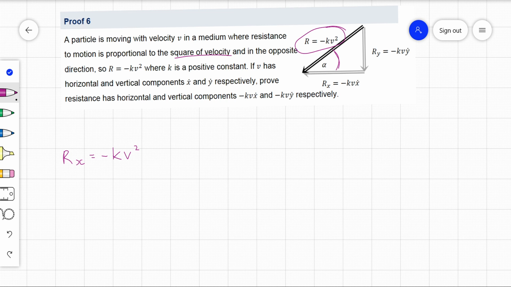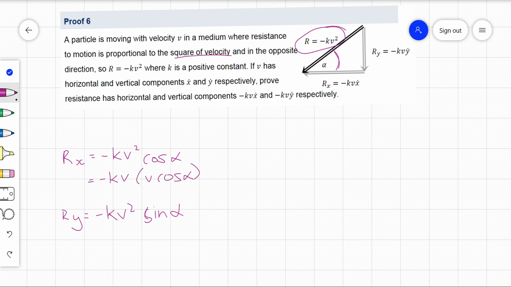So that part of that is the cos alpha part. So we're taking the cos alpha part of that negative kv squared, and in the vertical direction again I'm just taking the sine alpha part of that for the vertical direction.